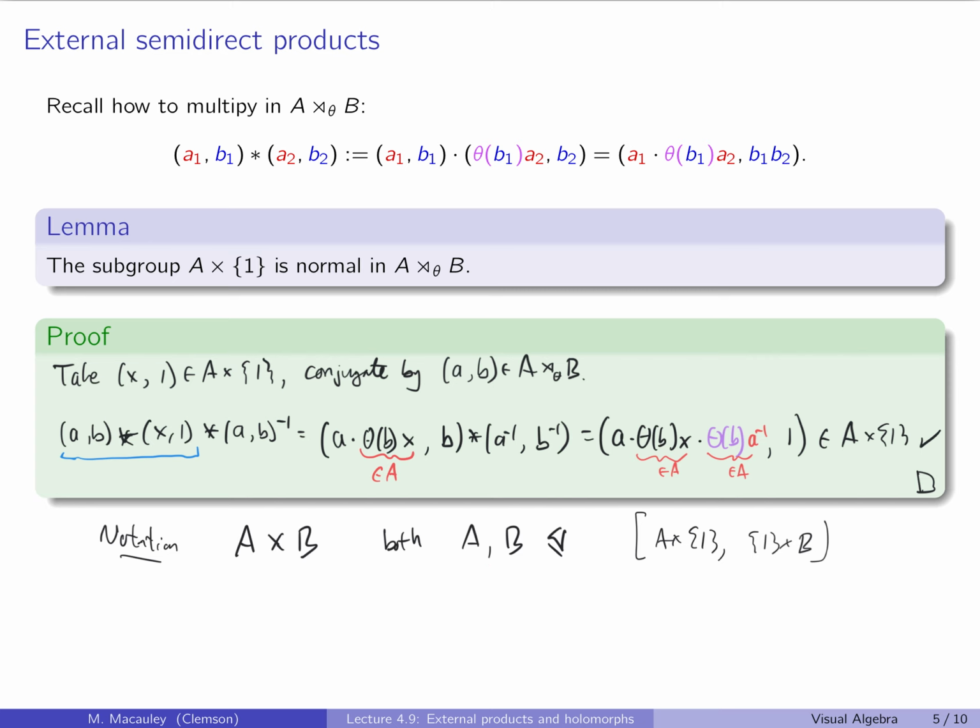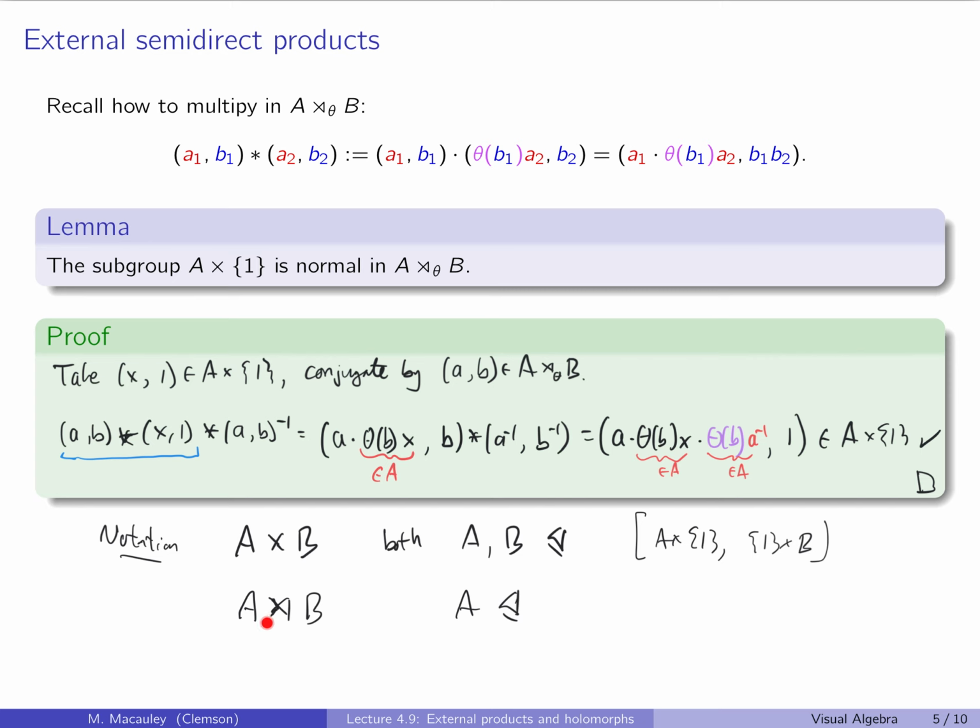So that motivates the notation A semidirect product B, and see how the open side of this resembles a direct product. Since both of these are open, I'm going to point the open thing to the normal factor. So A is normal in the entire group, and B is typically not. If B is, as we'll see, this is actually a direct product. So that's the inspiration for this notation.